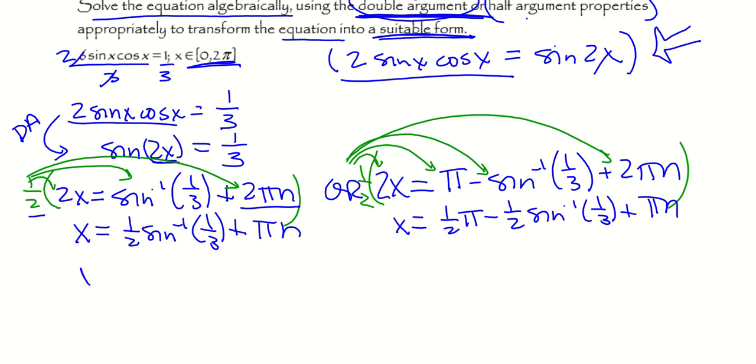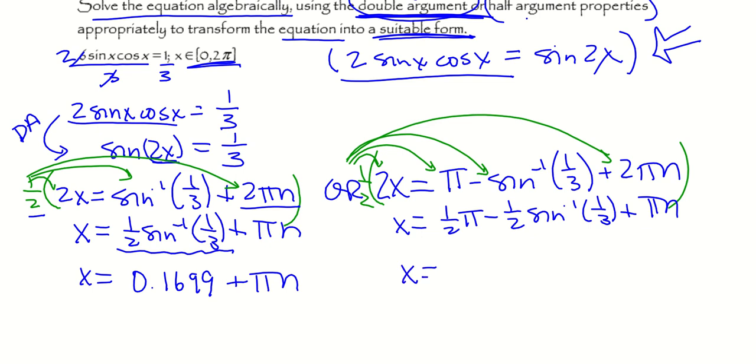From here I go to my calculator and I evaluate the decimal approximation for 1/2 the inverse sine of 1/3. Remember, we're in radians here, so we want our calculator to be in that mode, and we get 0.1699, which would round, by the way, to 0.170, but we would need those 3 decimal places because we've rounded, plus pi n.